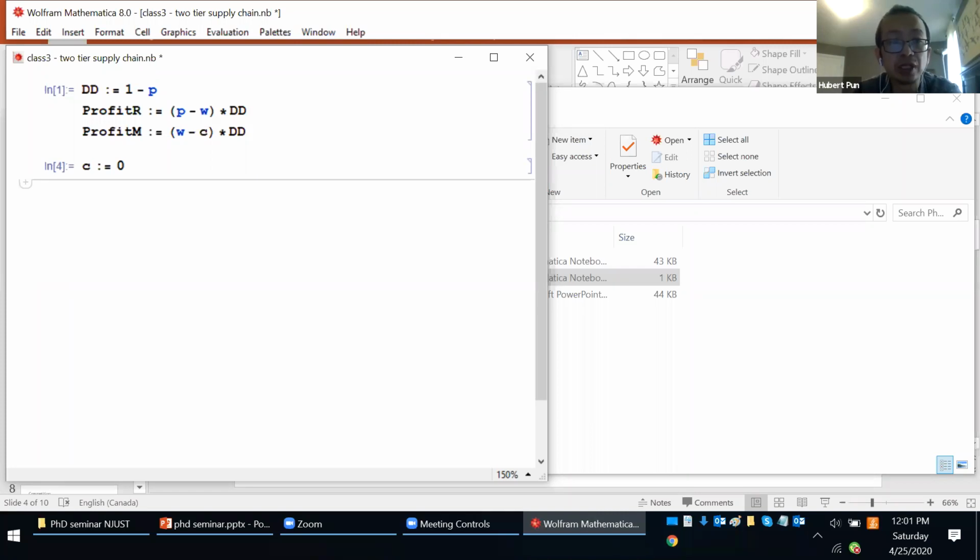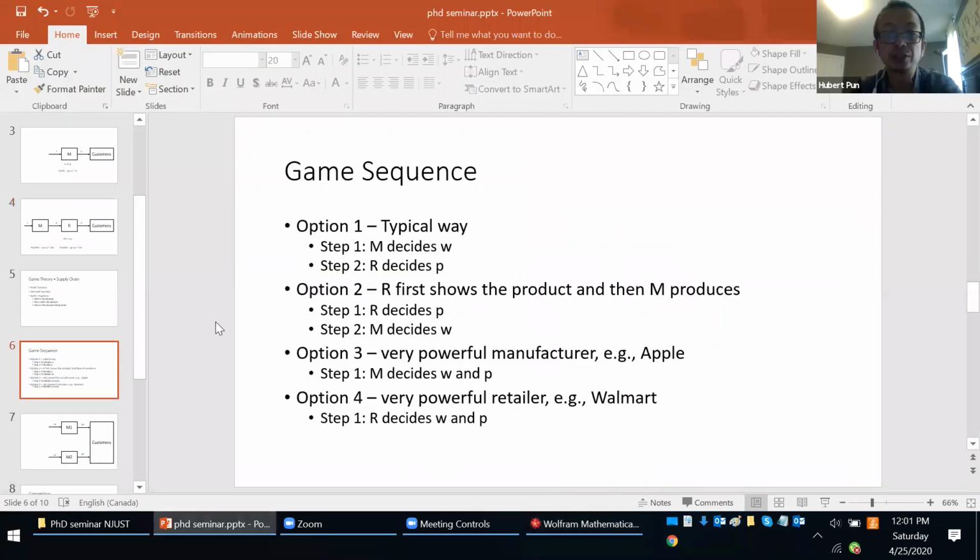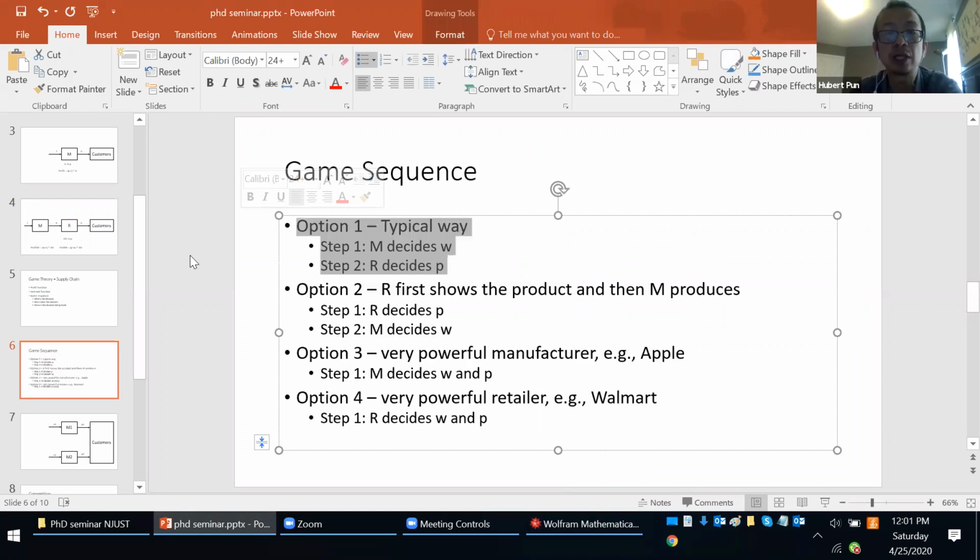And then what we have to do is apply the idea of backward induction. Backward induction means you go from the end, back to the top. So let's go back to the game sequence. The game sequence right now is option number 1, the typical way.